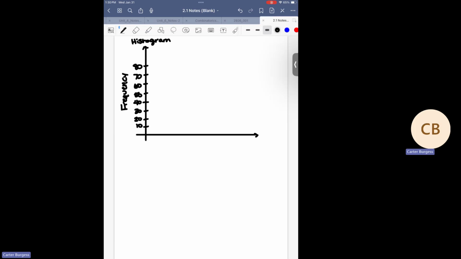Our x-axis is going to consist of our class boundaries. We're not really going to use the class limits, but how we divvy this up is going to be representative of a particular class limit. So for instance, our first box starts at negative 0.5 and works its way up to 10.5, then 21.5, and so on.